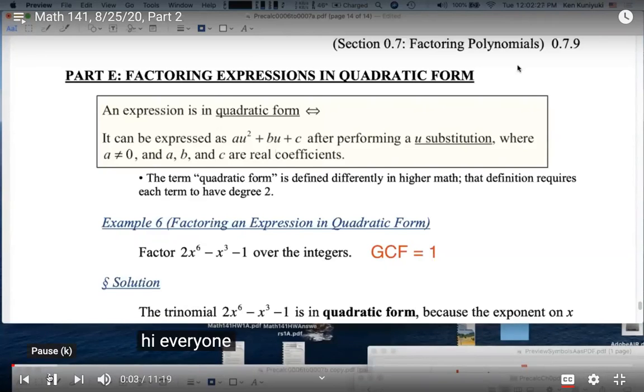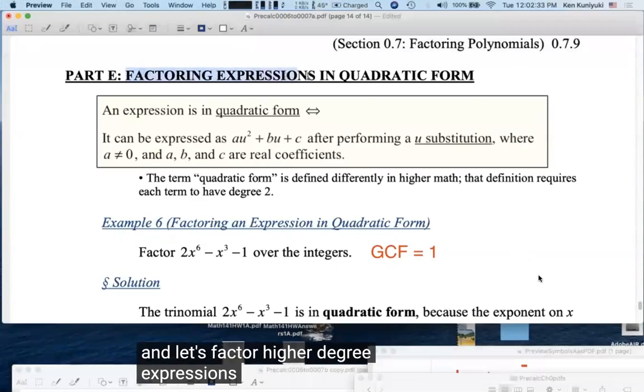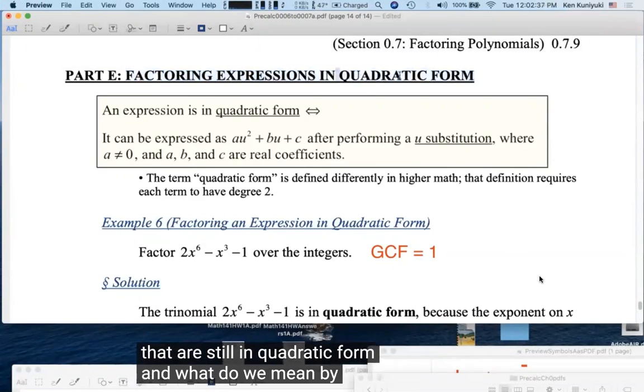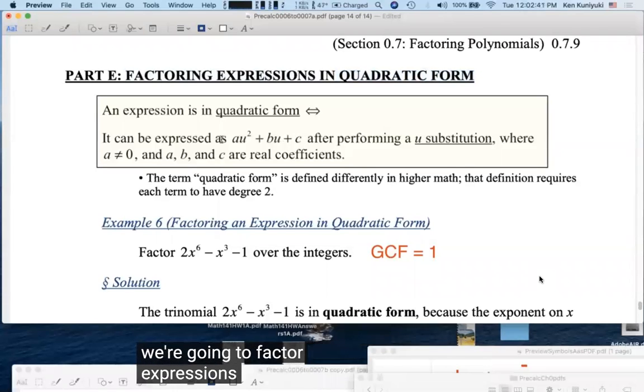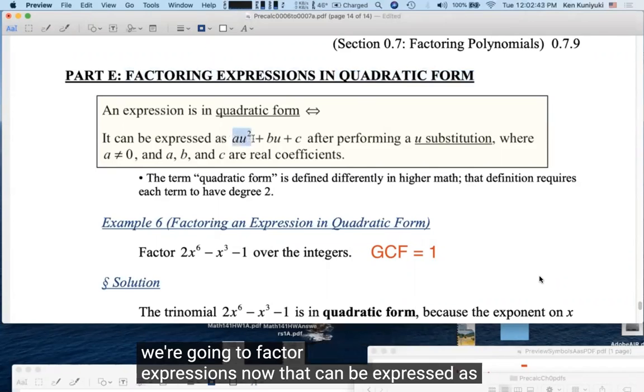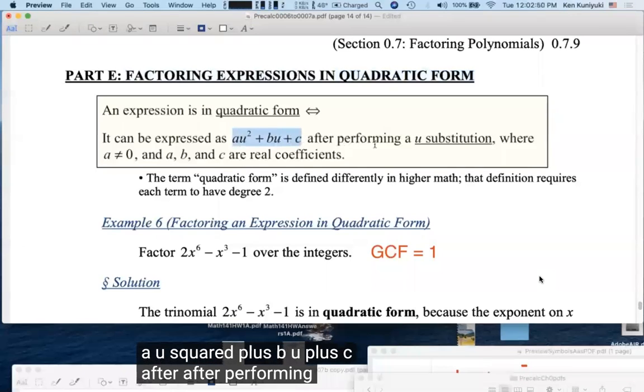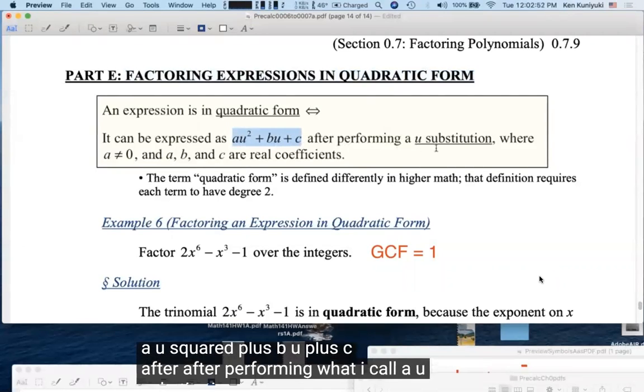Hi everyone, let's now go beyond your basic algebra class and let's factor higher degree expressions that are still in quadratic form. And what do we mean by quadratic form? So we're going to factor expressions now that can be expressed as AU squared plus BU plus C after performing what I call a U substitution.